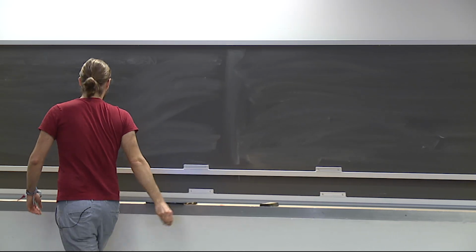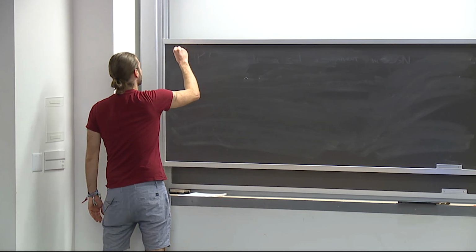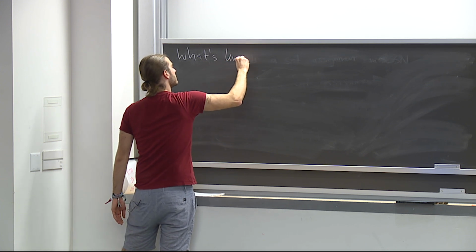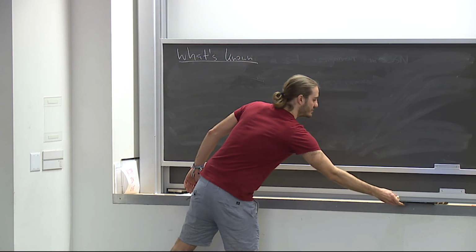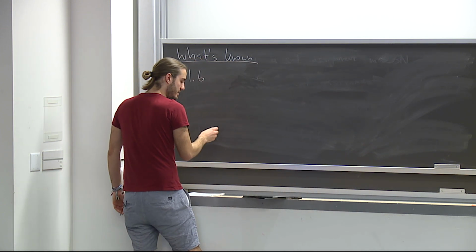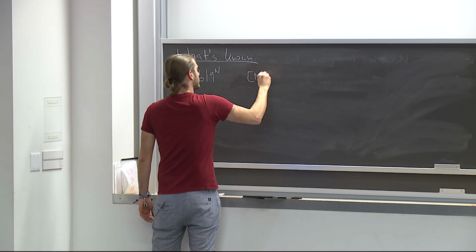If you have a look at what's known, you have these algorithms which perform somewhat well, but still very clearly exponential time, right? This is maybe the first, Monien and Speckenmeyer.